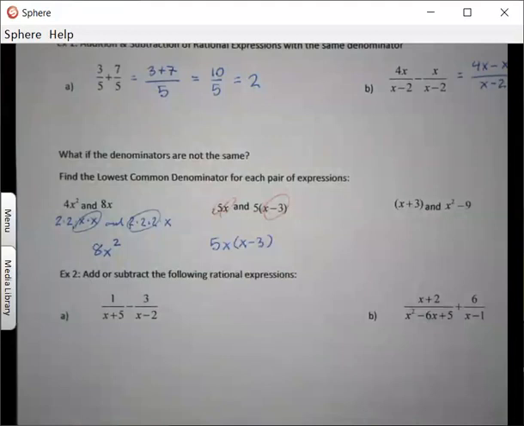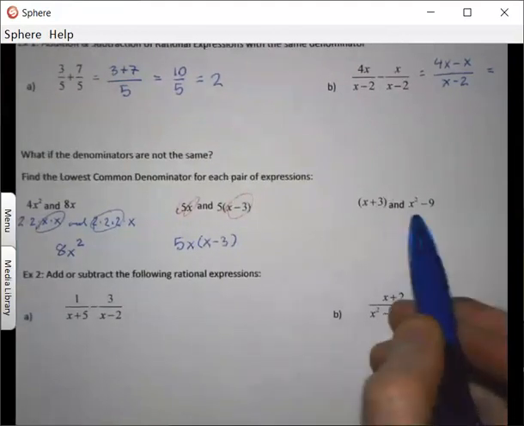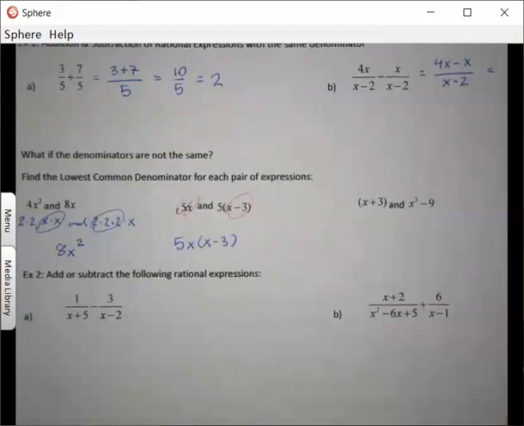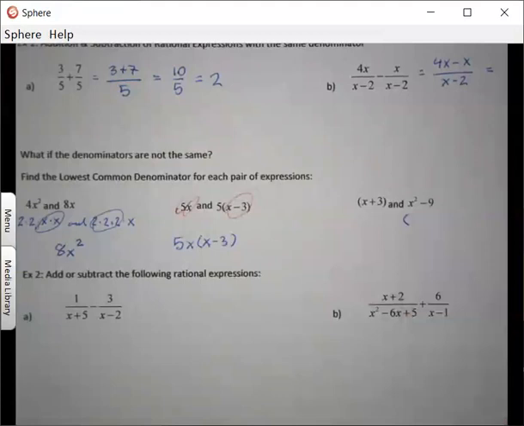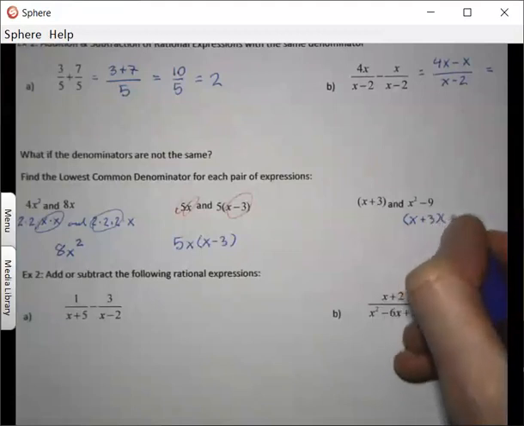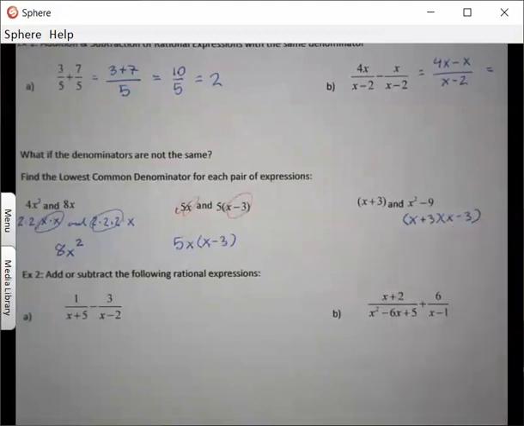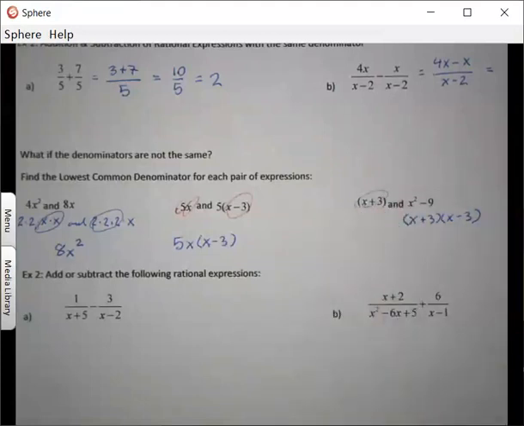Now, something we're going to need to do a lot when we're worrying about factors is factoring. So for example, x squared minus 9, that's a perfect square. Or I should say that's the difference of squares. I can write that as x plus 3 times x minus 3. So my factors are x plus 3 is a factor.